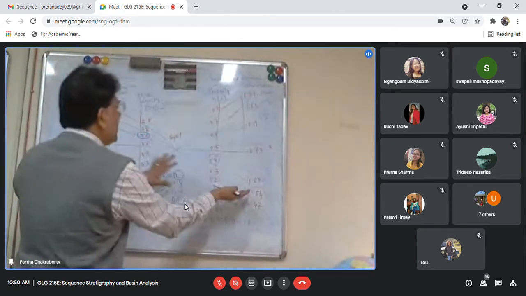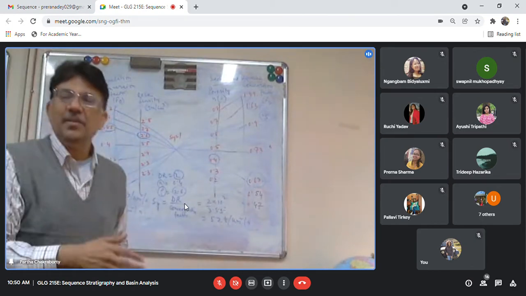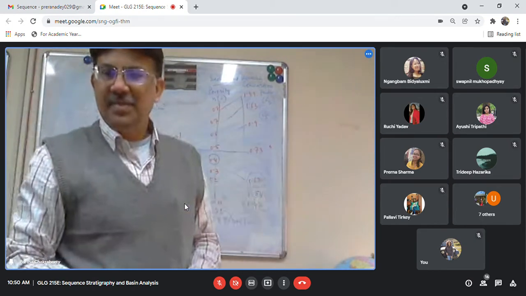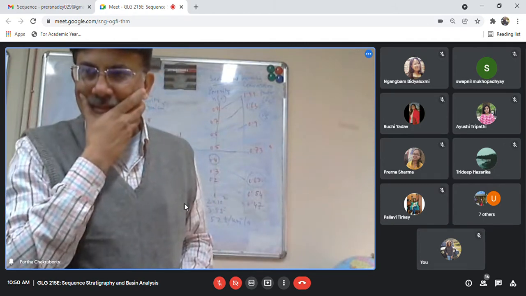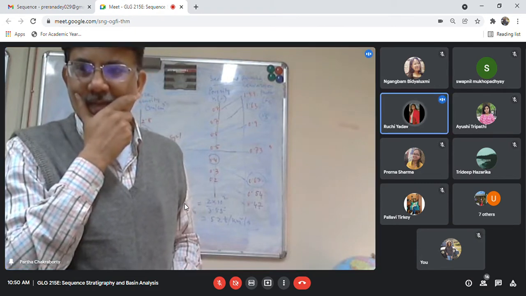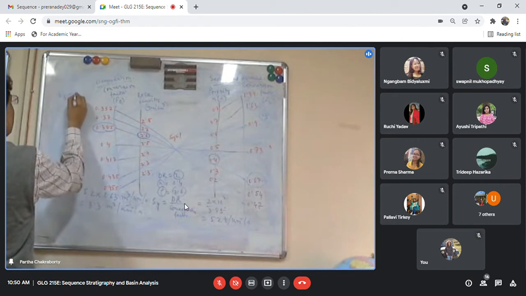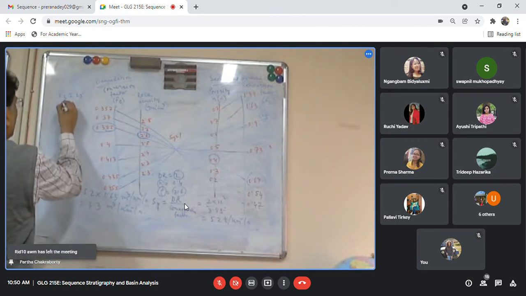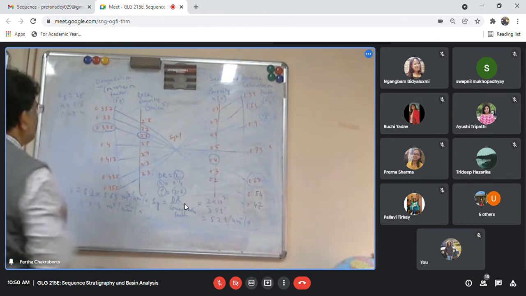Now, if we do it in reverse, we try to identify the denudation rate from the Vs value. Am I clear? So now I am saying that Vs is 25, the porosity n is 0.6 and rho is 2.4.